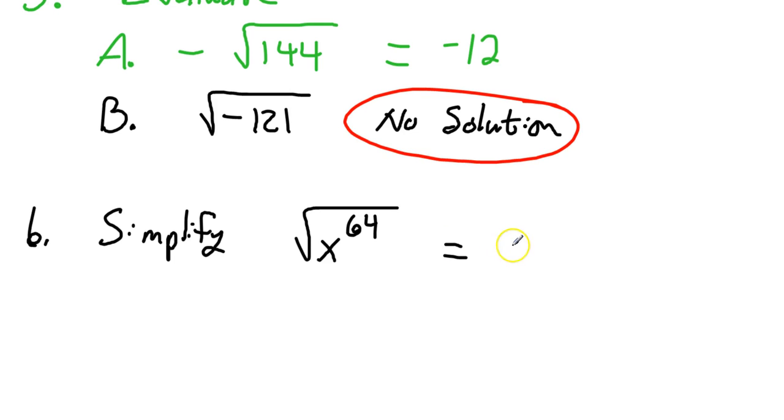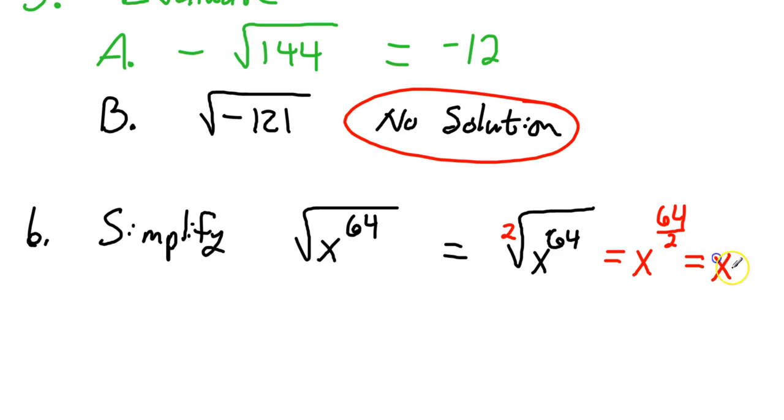All they want you to think about is that this is technically the second root, so you can just take the 64 and divide it by 2. 64 divided by 2 is 32. So that one you've got x to the 32nd power.